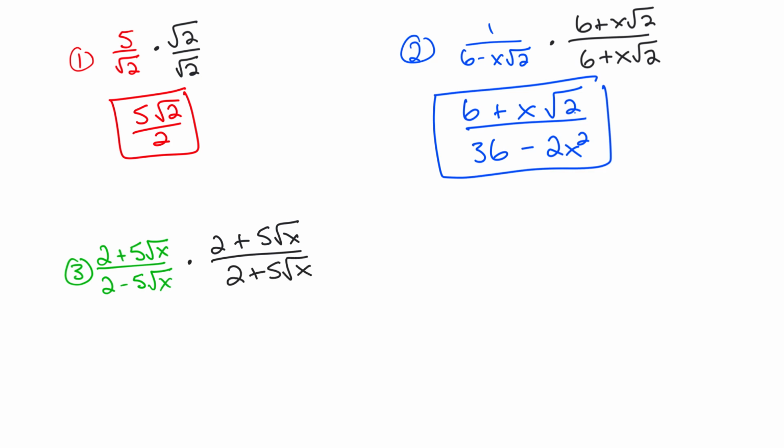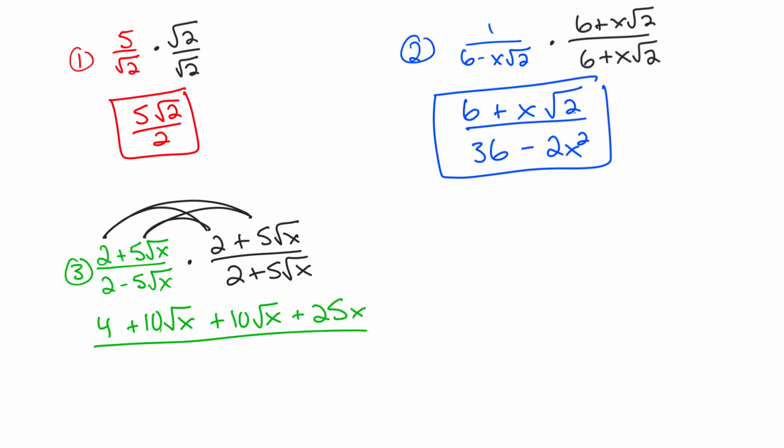When you multiply out the numerator, 2 times 2 is 4. 2 times 5 root x is 5 root x. 5 root x times 2 is, oh, that's not 5 root x, that's 10 root x. That's going to give me another 10 root x. And then 5 root x times 5 root x is going to be 25x.